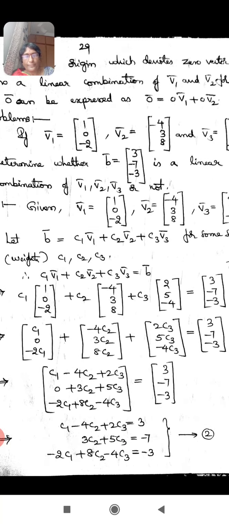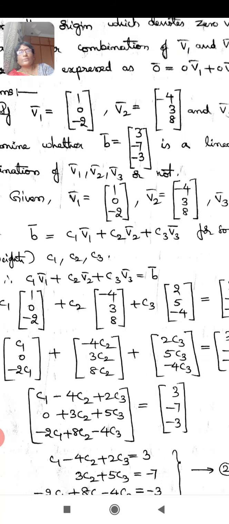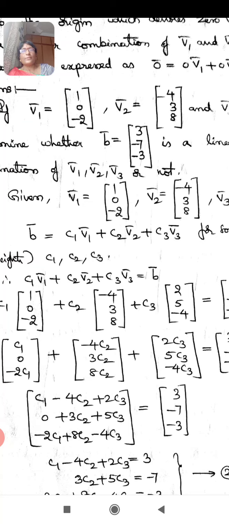For this I have considered a linear combination b bar is equal to c1 v1 bar plus c2 v2 bar plus c3 v3 bar, where c1, c2, c3 are scalars, that means some real numbers.